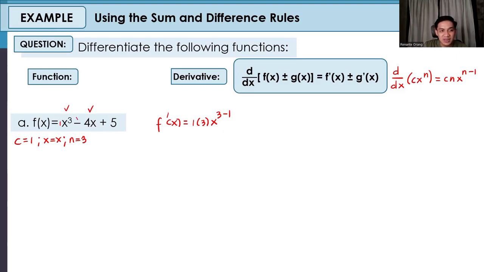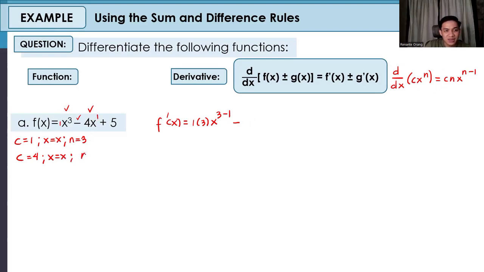Copy natin si negative. Lagay natin negative, then 4x. Take note, we will be using our constant multiple rule for that one. So, this is its formula also. So, lagay natin dito, constant natin is 4. X natin is X. And then yung exponent ng ating X is 1.